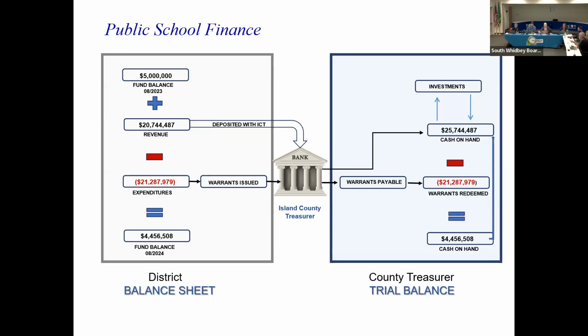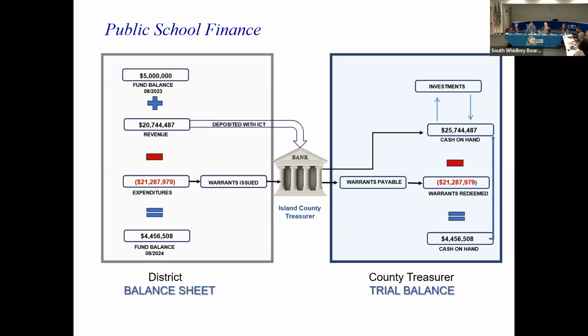So just talking a little bit about the process. Basically it's two different processes. The one on the left is a balance sheet. That's the actual revenue and expenditure that the school district sees. That's what we're going to talk about in our budget tonight. The trial balance from the county treasurer is just the statement that they send us saying, this is what we received.